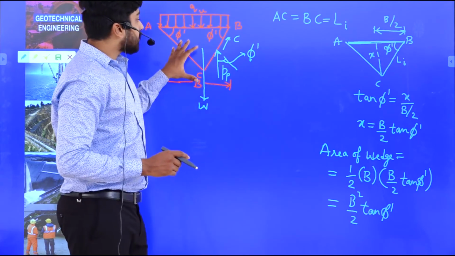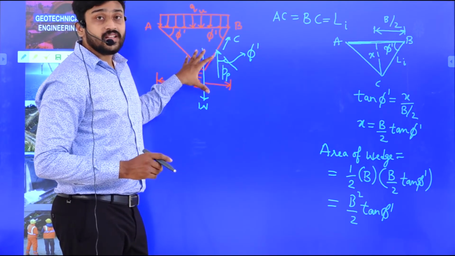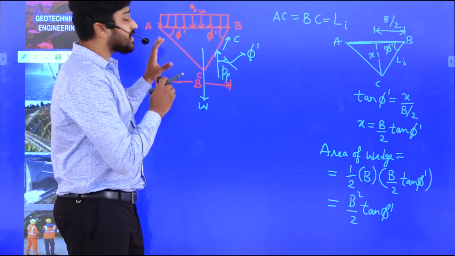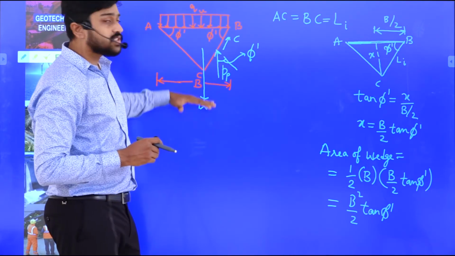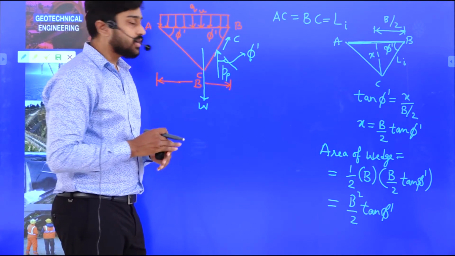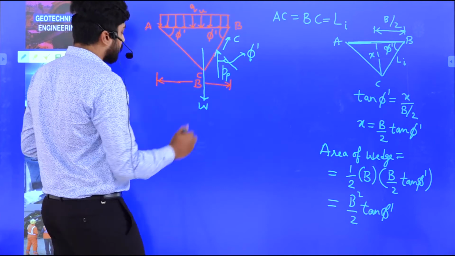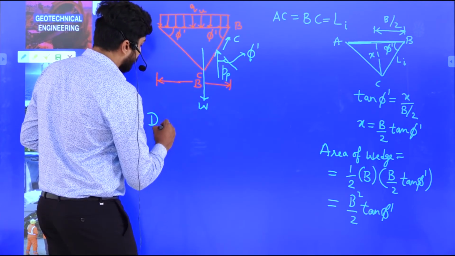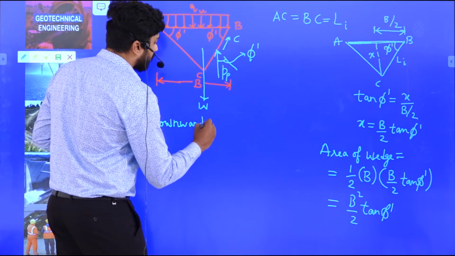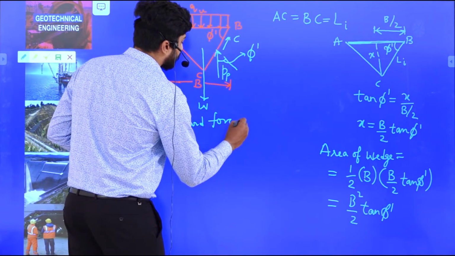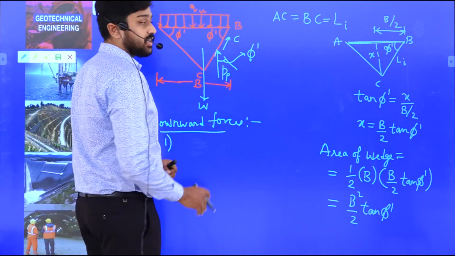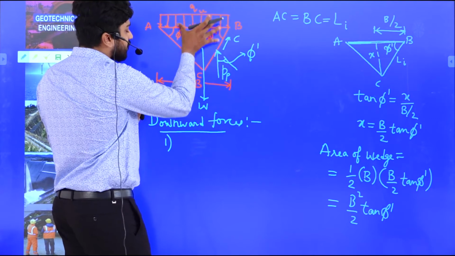From this diagram, let us try to evaluate the upward forces as well as the downward forces. To maintain this in equilibrium, the downward forces that are coming must be equal to the upward forces that are acting. Let me write down the downward forces. What is the first type of downward force here? We can simply see that there is some surcharge load coming.